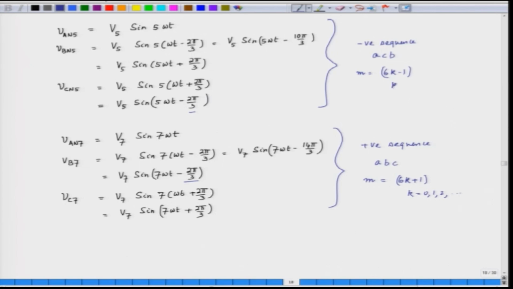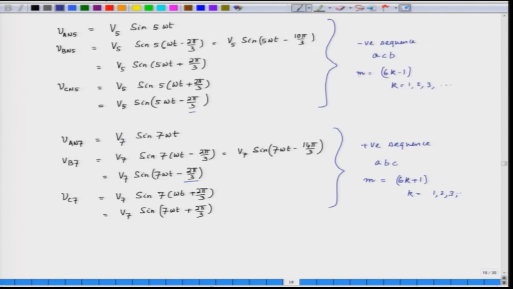What is k? K we cannot have equal to 0. So, we can start with k equal to 1, 2, 3 and so on. Here 0 means this is the fundamental one. So, let us say if it is harmonics, we can say this is 1, 2 and so on. So, this is the order.